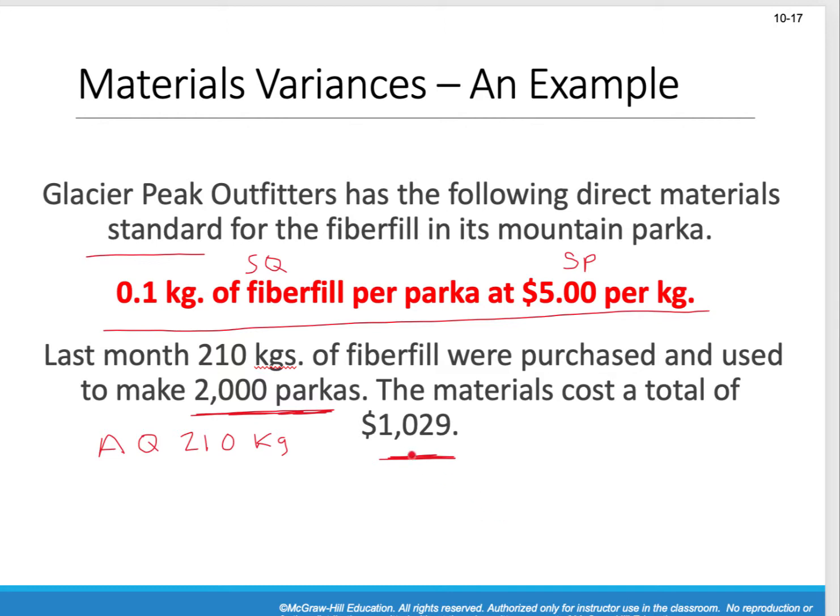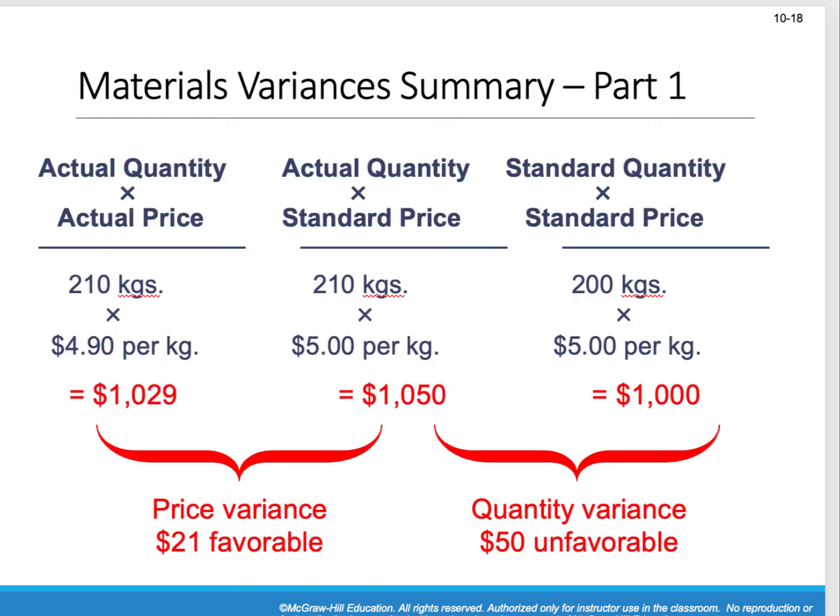But they did give us the total cost of $1,029. So this number right here, the actual price per unit, was calculated by saying, okay, our total cost was $1,029 and we used 210 kilograms, so we can divide to figure out what it is per unit.